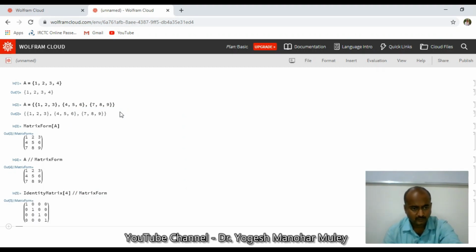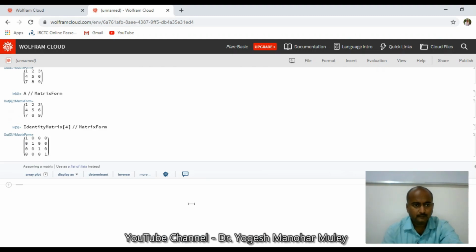So here you will get the 4 by 4 identity matrix. While using Mathematica, you must remember that when giving any command the first letter must be capital, and remember all the other things. You can also search with the help of a question mark and asterisk symbol, or question mark and star.